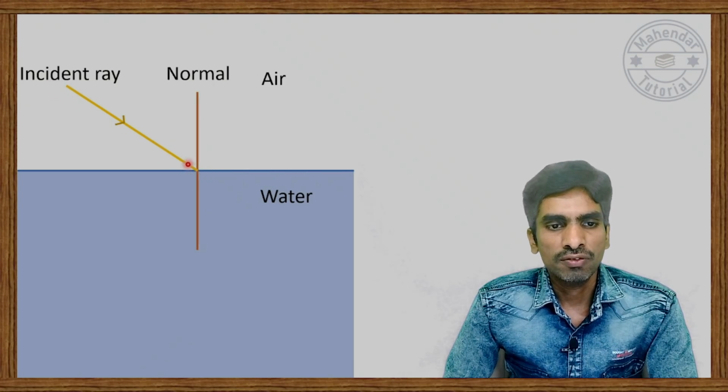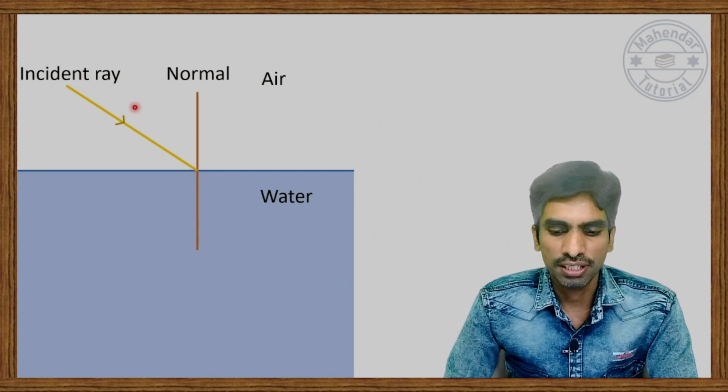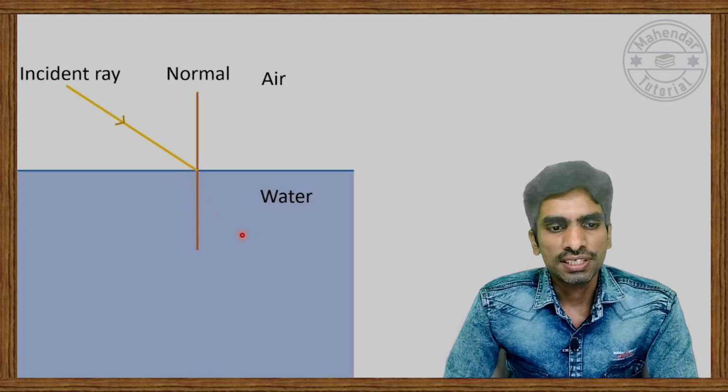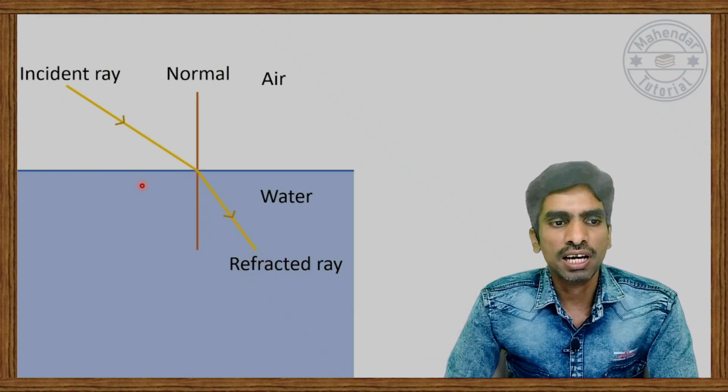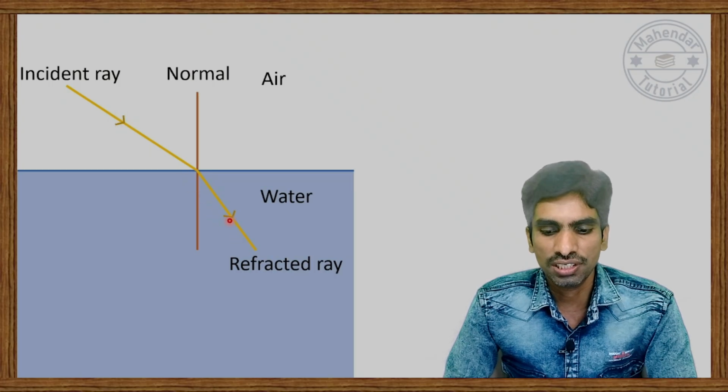When it is traveling from air to water, from a rarer medium to a denser medium, it changes its direction, it's bending. So when light travels from one medium to another medium, it changes its direction. It is known as refraction of light.